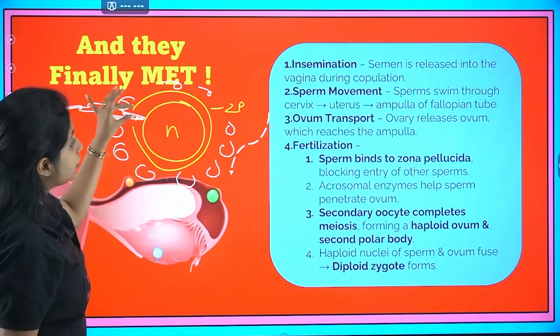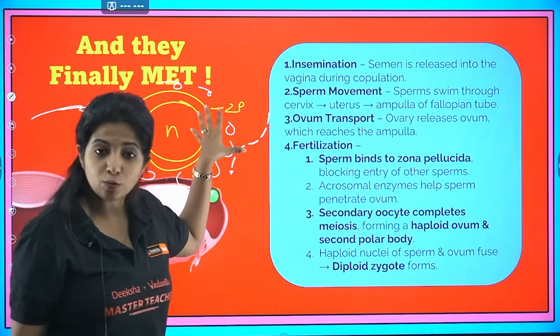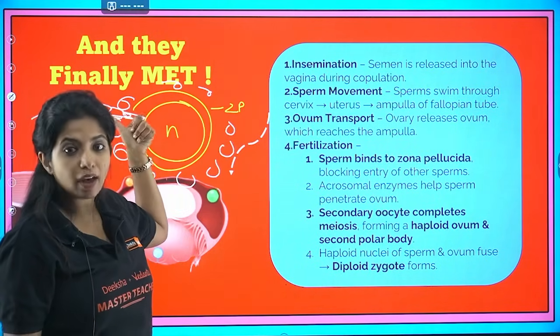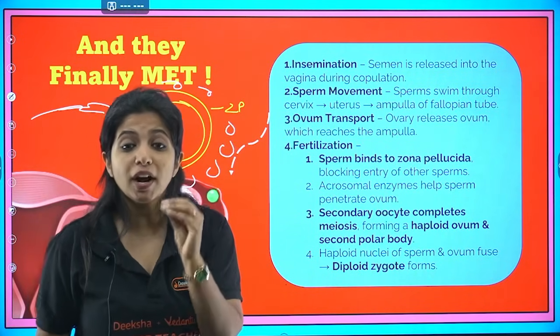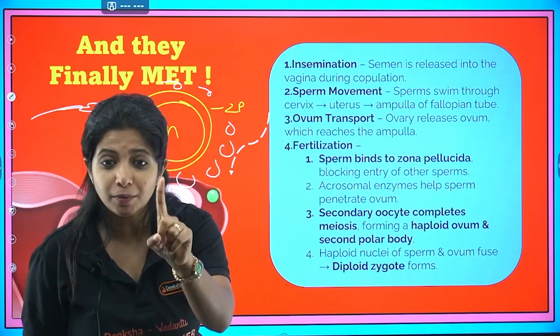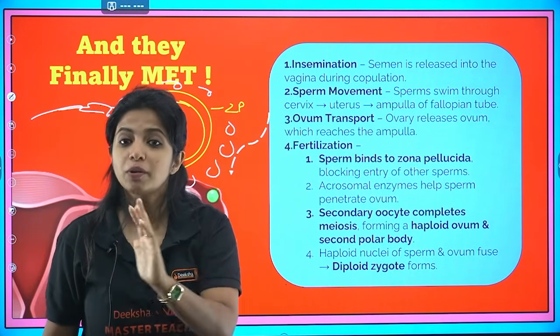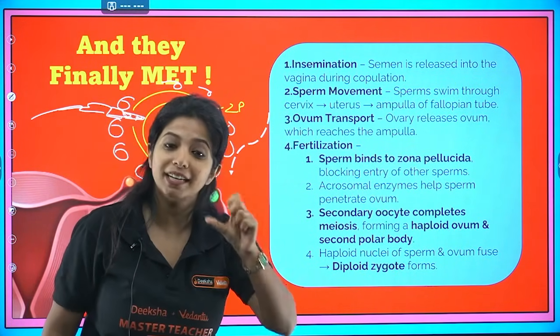It reached over here, and you had what? Secondary oocyte. In the sperm, what do you have? You have the haploid nucleus. This is also haploid, but this is the secondary oocyte. It has to undergo one more meiosis. Remember, it was stuck in the meiosis stage. It has to undergo one more meiosis to give the ovum and the second polar body.